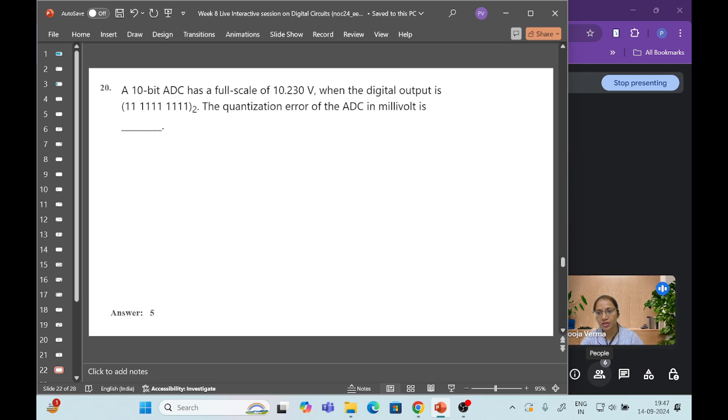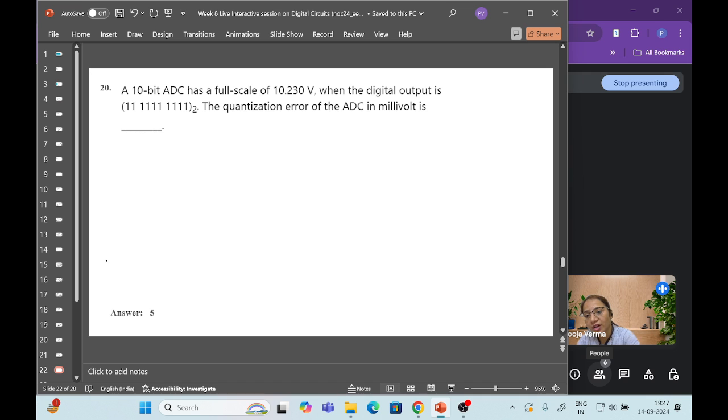The next question is, a 10-bit ADC has a full scale of 10.230 volt. When the digital output is as given, the quantization error of the ADC in millivolt is what? What will be the quantization error in the digital output?